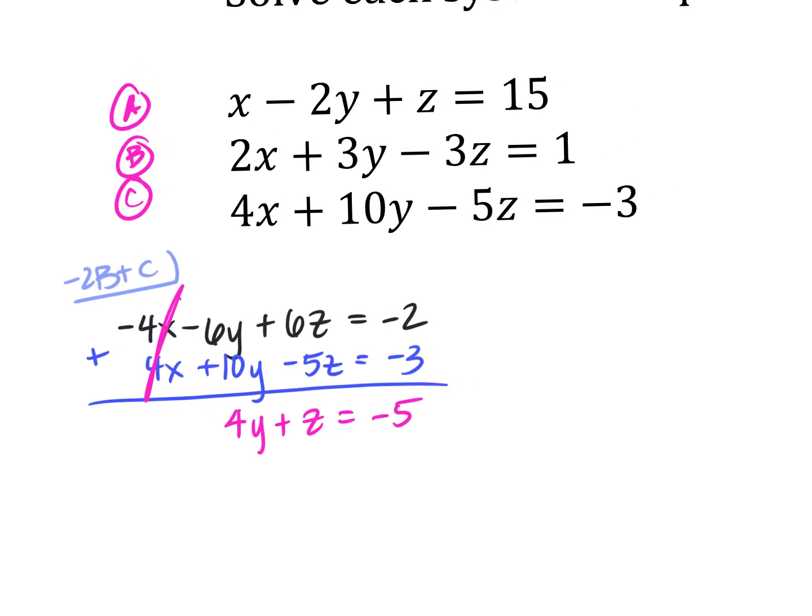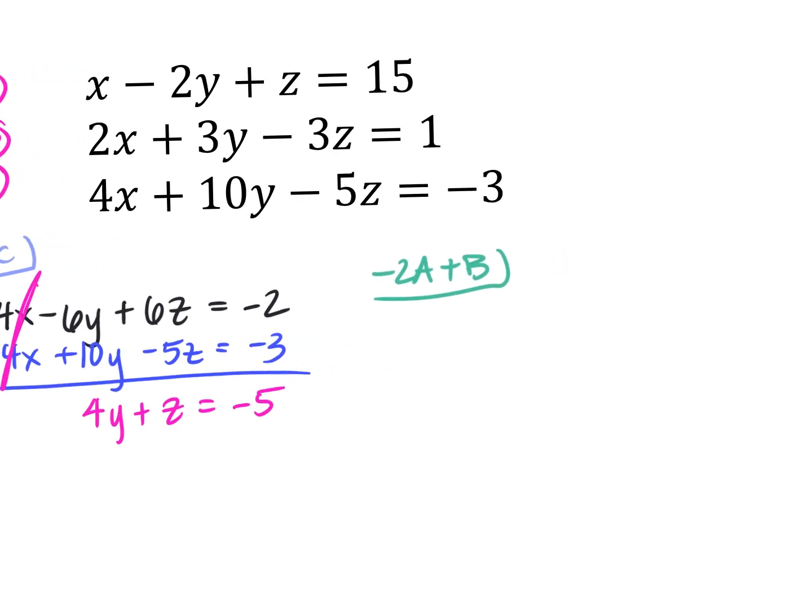Help me out, y'all. Do we want to do A and B or A and C to get rid of the X? Yeah, A and B, you're saying, Sean? I'm down with that. How many A's? 2 A's or -2 A's? Ooh, -2 A's, he's saying. Plus a B is going to get rid of my X's. -2 A's. What do we think? -2 A's is going to get me -2X.